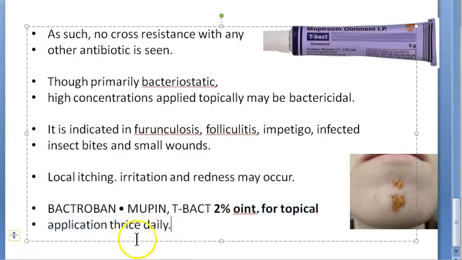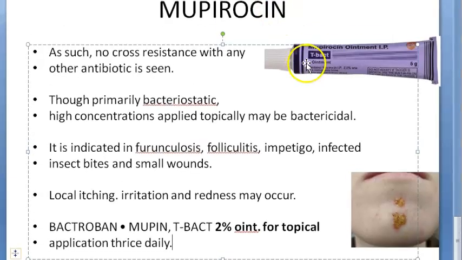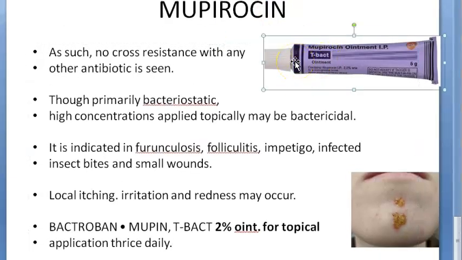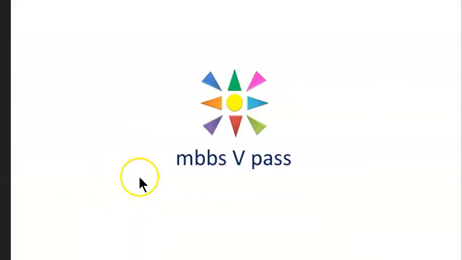You get it in this form, T-BACT or Bactroban, they are saying 2%. You can apply it 3 times daily, but apply it on clean skin, first clean the skin and then apply. Don't touch the tip of the tube at all. Just take the ointment and make sure that it doesn't get contaminated inside. In fact, they're saying you should not use it for more than 10 days, not from the textbook, but otherwise. Also don't apply too much, because you will have that irritation side effect.